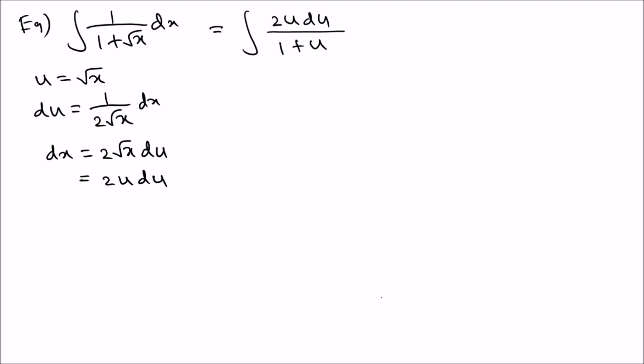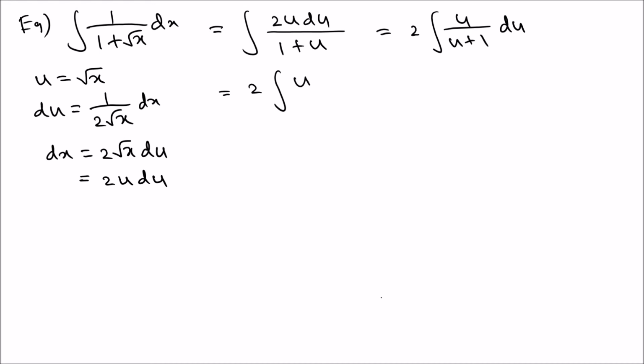And you can see that the numerator and the denominator have the exact same degree. I'm going to take 2 out first. Since the numerator and the denominator have the exact same degree, that means you need long division. But I'm going to show you a different trick here. What we can do is create the denominator term in the numerator. How do you do that?